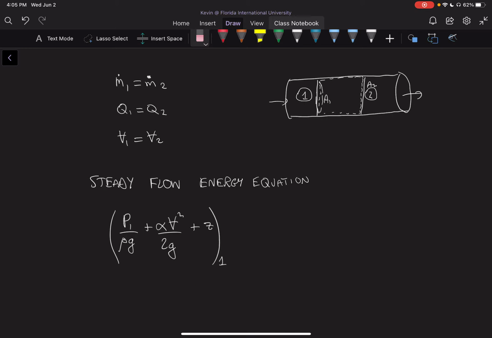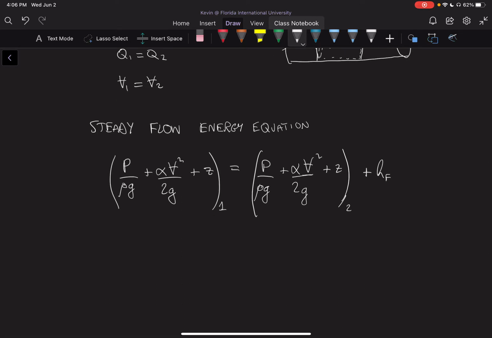Okay, so I'm not even going to put the subscript on each term, but they're all sub 1, is equal to P over rho g at 2 plus alpha v squared over 2g plus z, all at 2, plus our head due to friction. So if we have frictionless flow, we wouldn't have any friction, but usually in a pipe, we will have some friction flow. So remember, I have included alpha here.